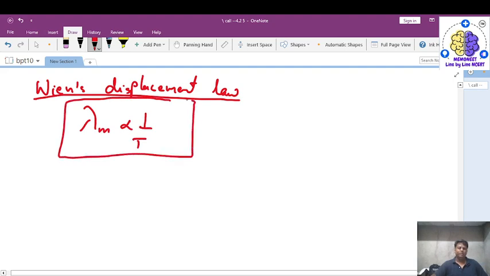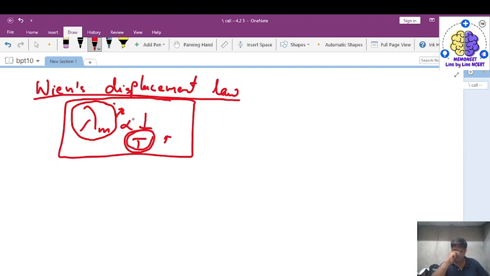This means that the wavelength of the energy emitted from the body is inversely proportional to the absolute temperature of the body. That is, the more the absolute temperature, the lesser the wavelength of the light emitted out of it, right? So at a higher temperature, the wavelength of the energy emitted is very small. This is known as your Wein's displacement law.